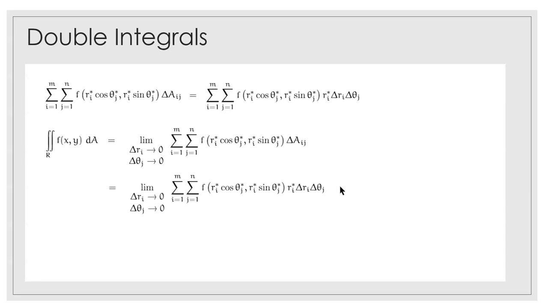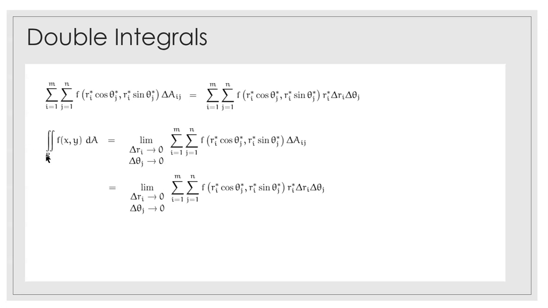When you take the limit, you get the integral. The stars turn to variables, and the deltas turn to d's.